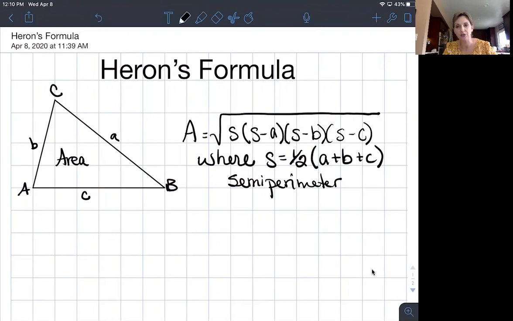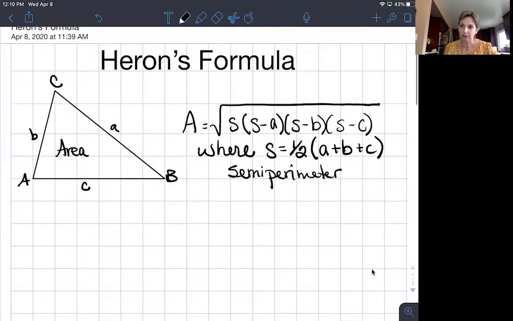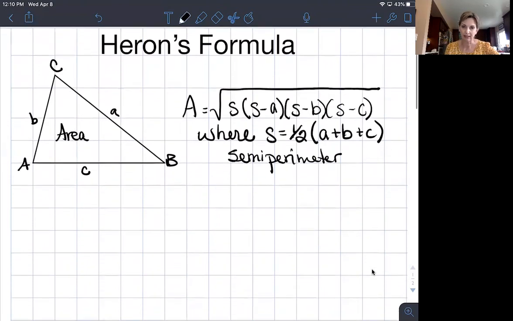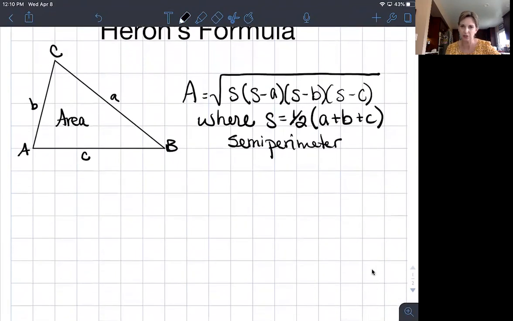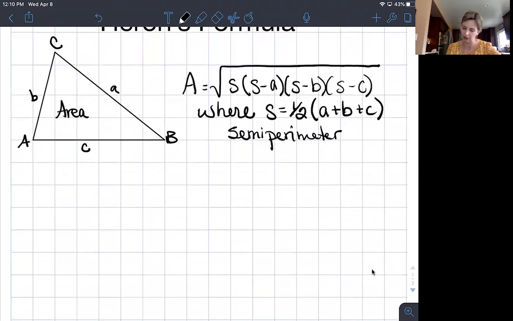So you're just finding the perimeter of the triangle and dividing by 2, and that's s. Then you plug that into the formula along with the three sides that you're given, and you easily can find the area of that triangle without ever having to worry about finding the height or the amplitude of the triangle. So let me show you how easy it is to use Heron's formula.